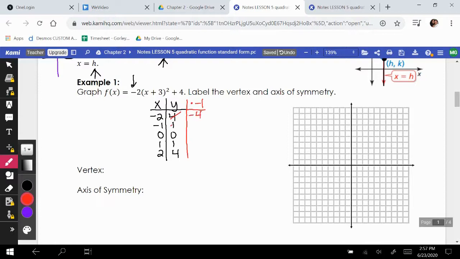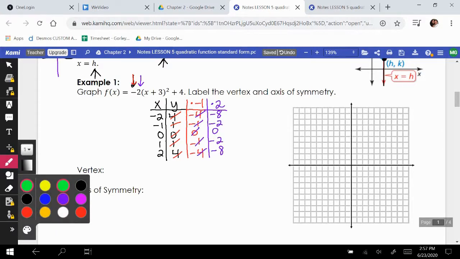So I get -4, -1, 0, -1, -4. Then I see a vertical stretch by 2, so then I'm going to multiply all the y values by 2. I'd get -8, -2, 0, -2, and -8.